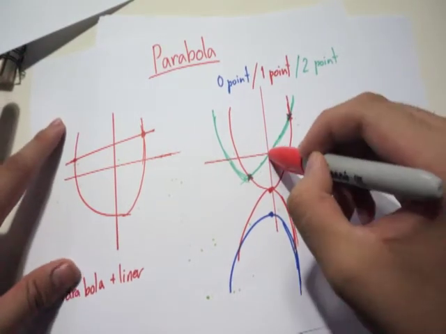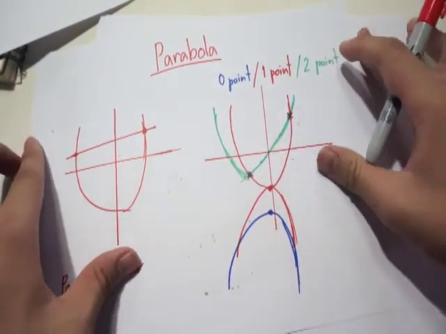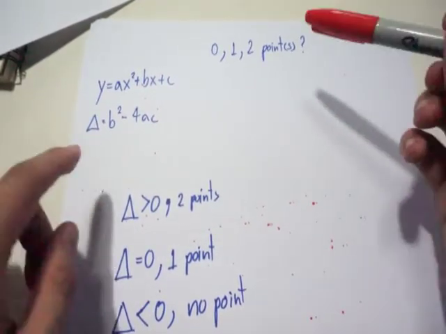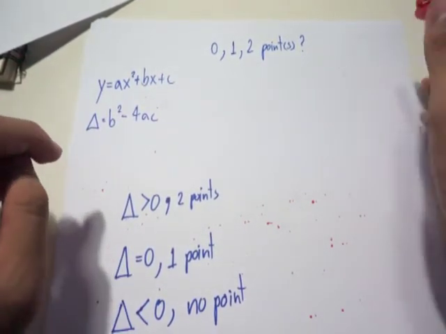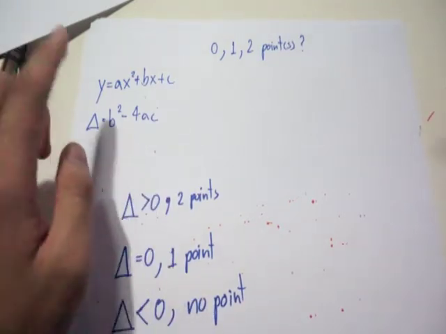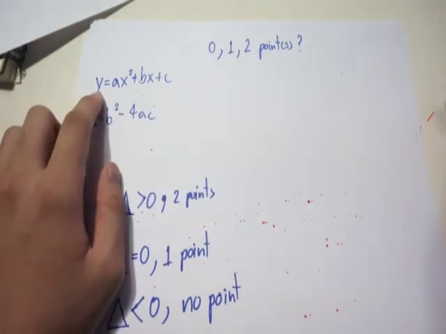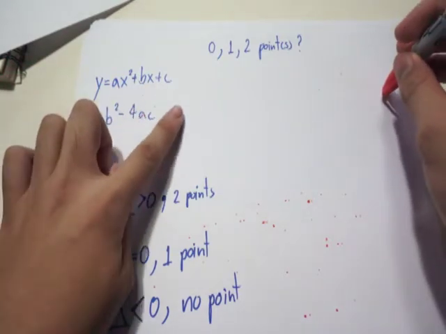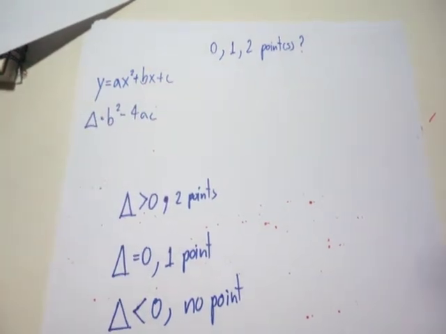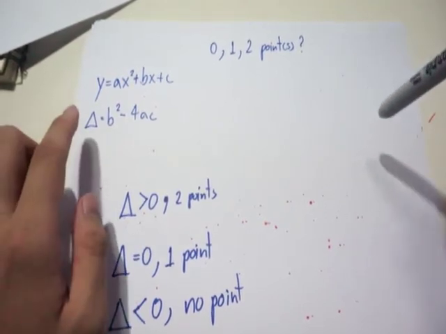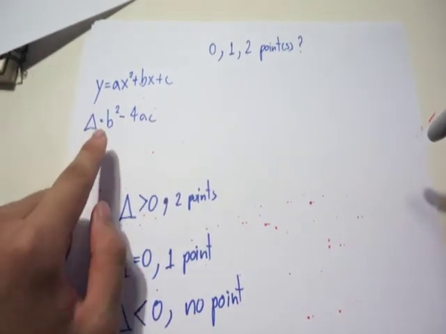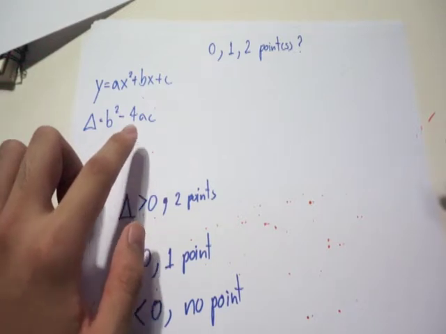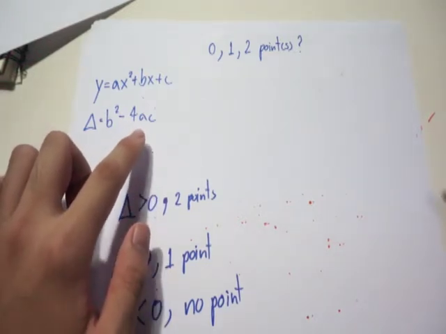Well, this can easily be determined by this formula that I found, which is when we have the quadratic equation, something that resembles this: y equals ax squared plus bx plus c. And when we have that, we can use this formula, which is delta equals b squared subtracted by 4 times a times c.